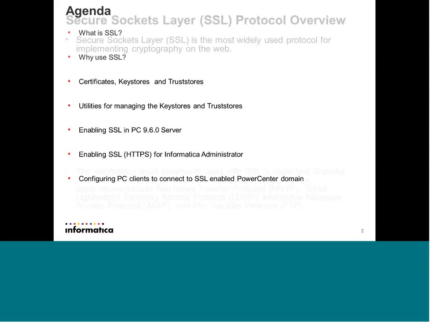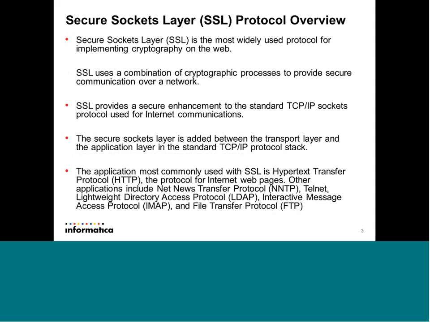So as part of the majority of the security changes done starting 9.6, SSL was a major change. So the SSL or HTTPS for Informatica Administrator has already been there from the previous versions, but for the node processes, for the application services and for the client service interaction, all these communication channels are now made secure starting 9.6 if you enable SSL for the PowerCenter server, in short for the PowerCenter domain.